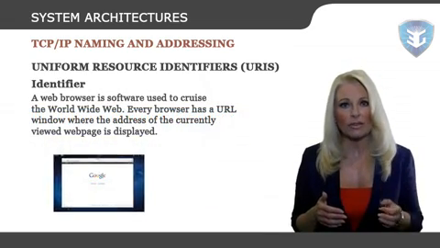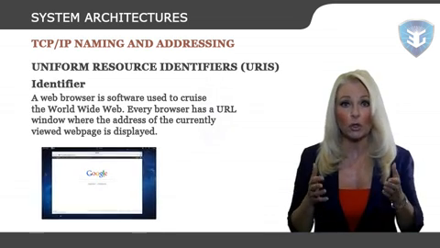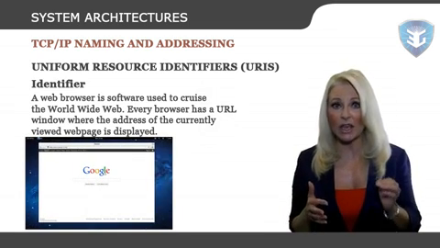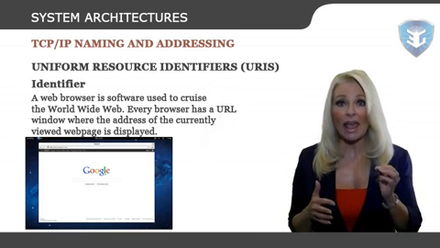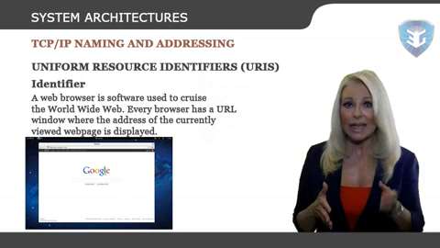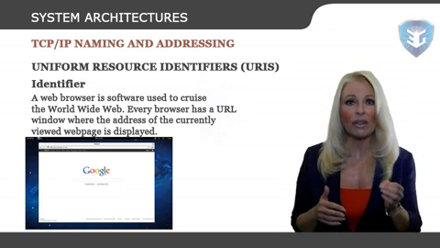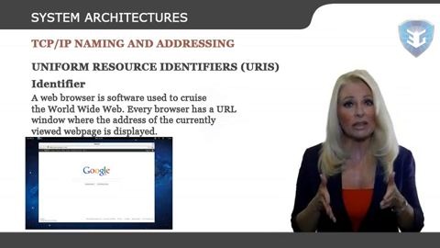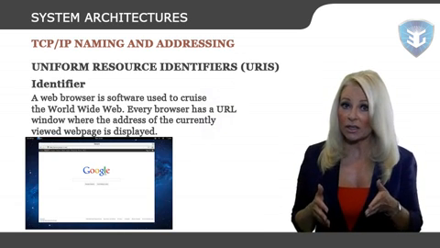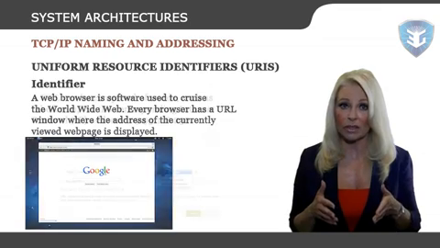A web browser is software used to cruise the World Wide Web. Every browser has a URL window where the address of the currently viewed web page is displayed. Clicking on a hyperlink within a web page will direct the browser to a new URL or web address, changing the text inside the URL window.